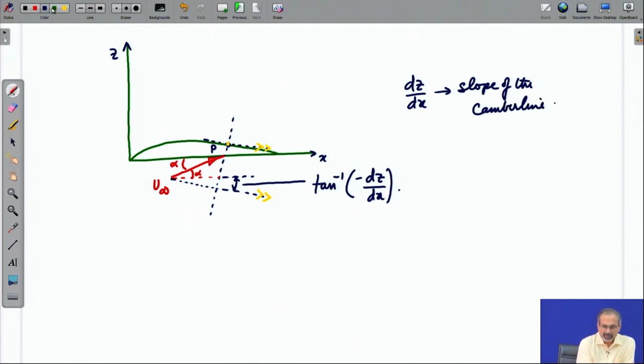Now, if we were to look at the normal component of the free stream velocity, then you have to account for this entire angle, and you will have to take sine of that angle.